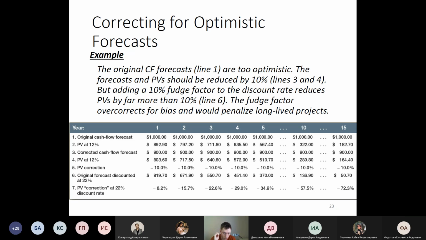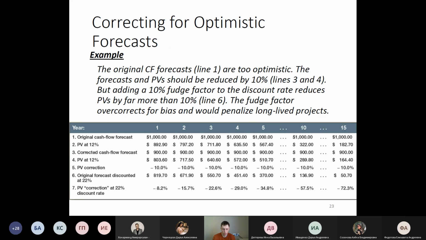The problem with such way of estimating the risk is that it penalizes the distant cash flows severely, and when we consider long-term cash flows, it might result in a biased estimation of the present value.